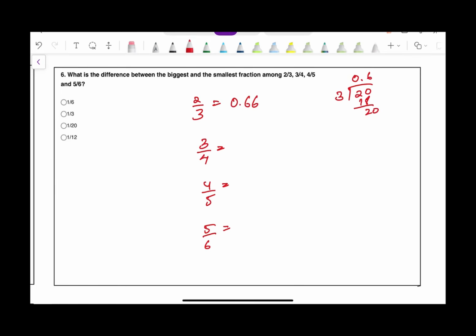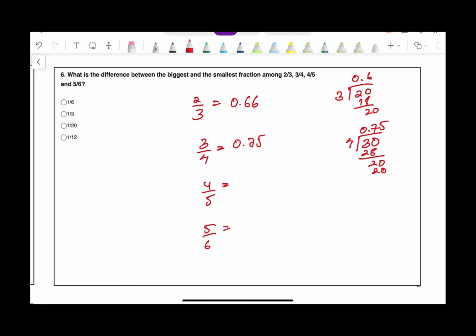I'll just stop there. Next is 3 divided by 4, 0.30. How much? 4 sevens are 28. 28, and again 20. 4 fives are 20. So 0.75 is the value here.